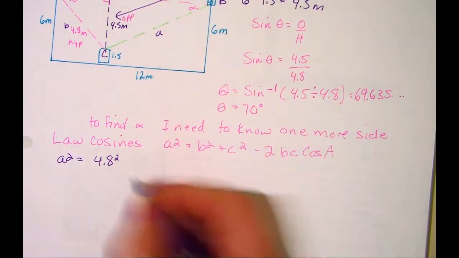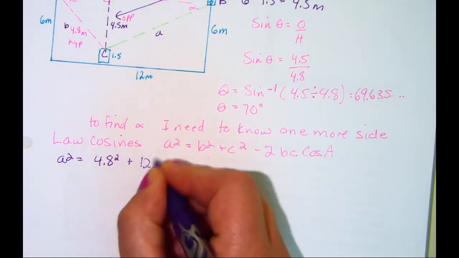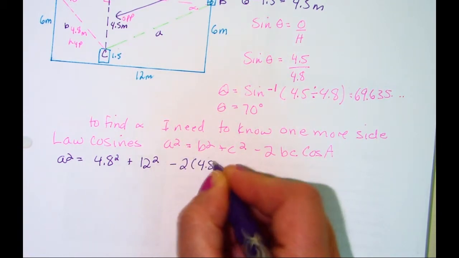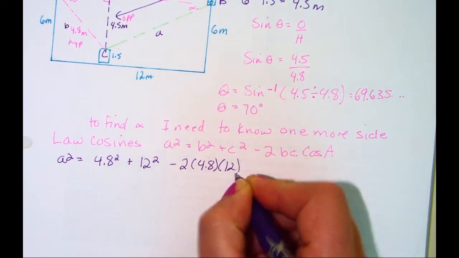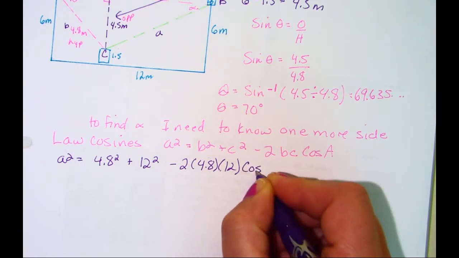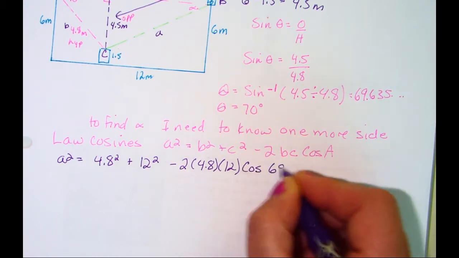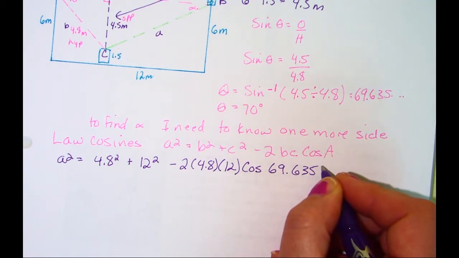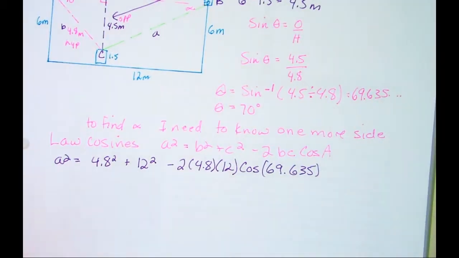Let's see. So we'll put that in. It's just a little more accurate. And what do we get for A? Well, A squared.